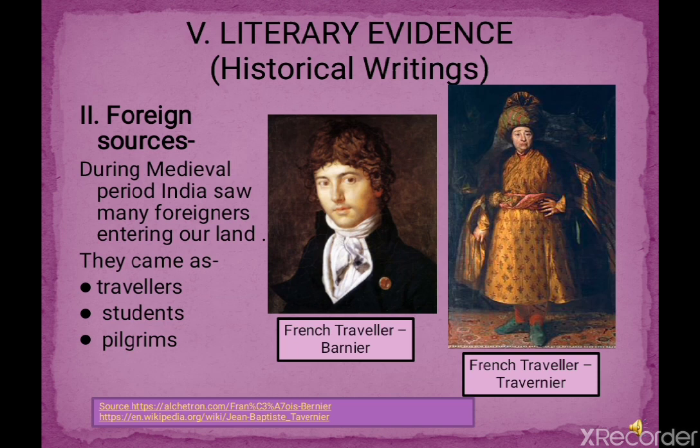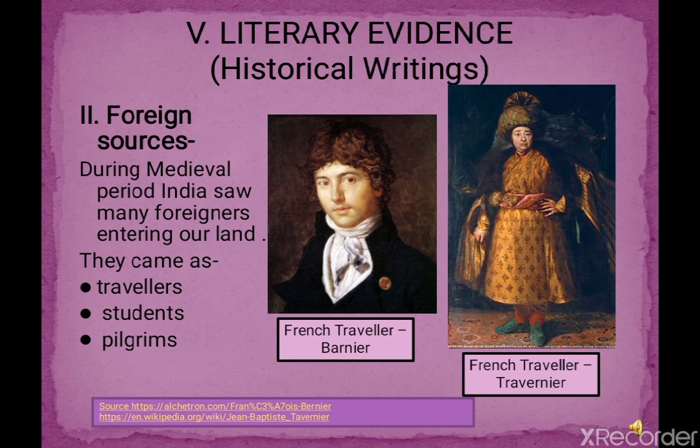Children, after recapitulating indigenous sources, now let's discuss the second type of literary sources. They are foreign sources. Foreign sources means sources which are written by foreign travelers to the country. During the medieval period, India saw many foreigners entering our land.